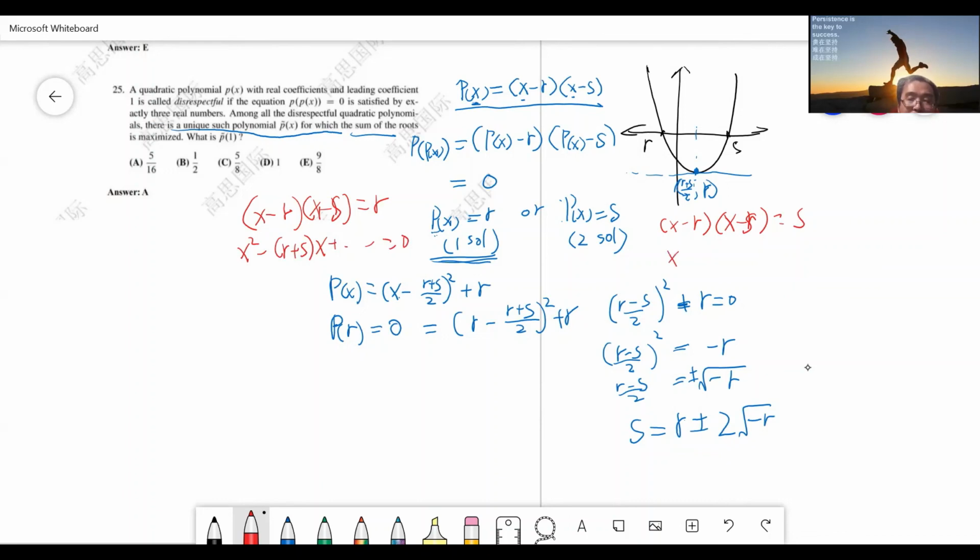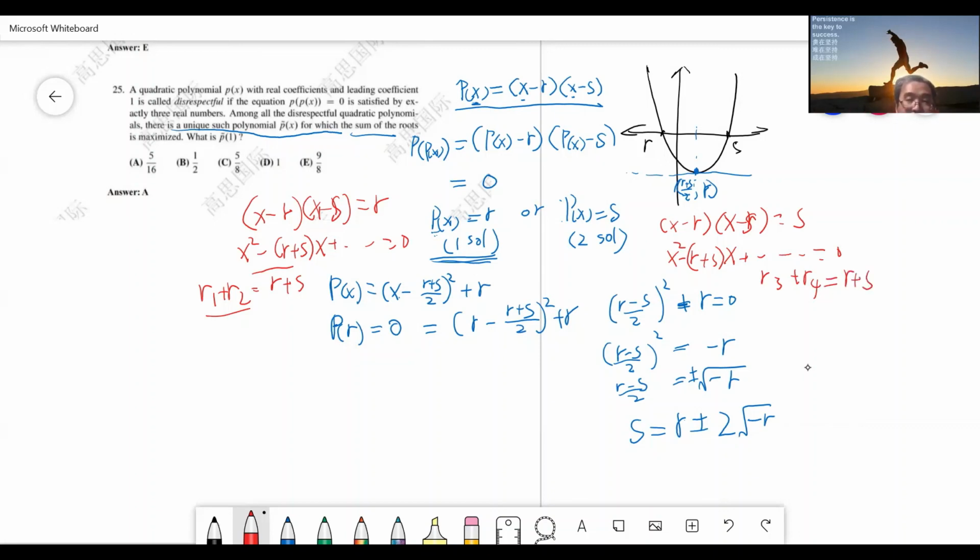You can see in this equation that the sum of the two roots, we call r1 plus r2, is just equal to r plus s. Similarly here, this is r3 plus r4. So this is identical, so this is also r plus s, right?